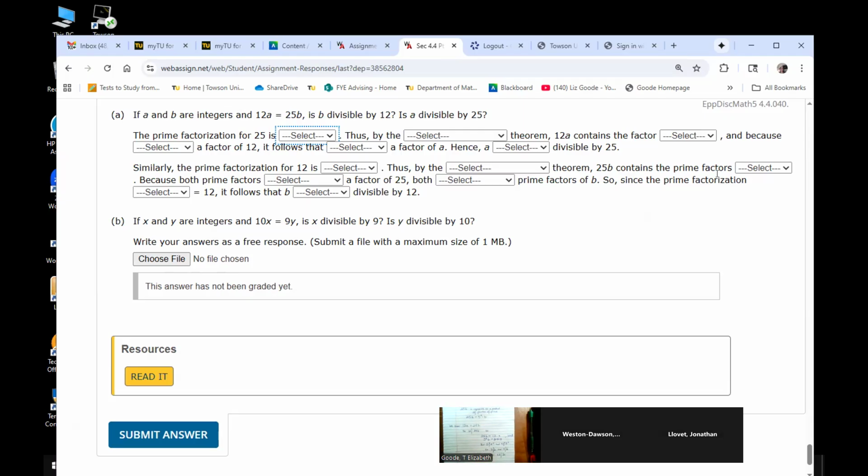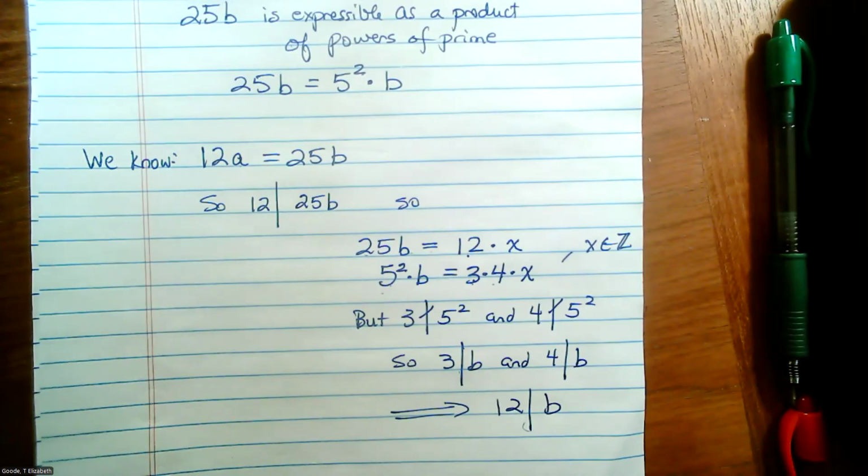And to frame it in a hand-wavy way, it doesn't fit here and it doesn't fit there, so it's got to fit in the other slot.